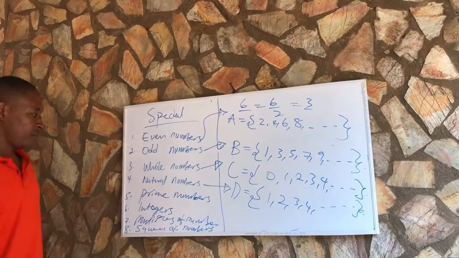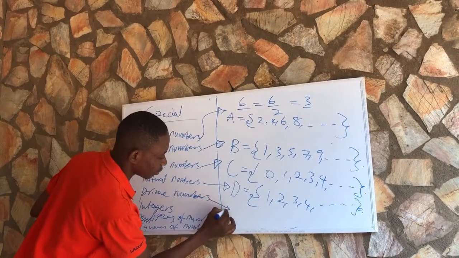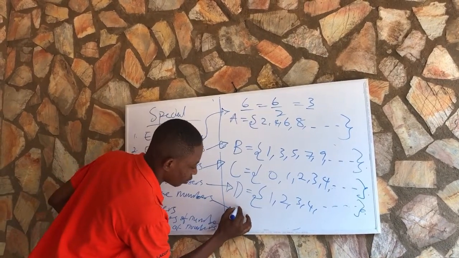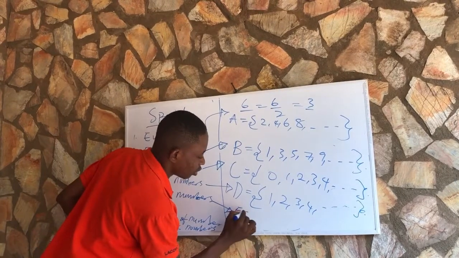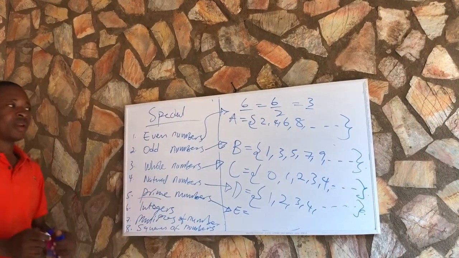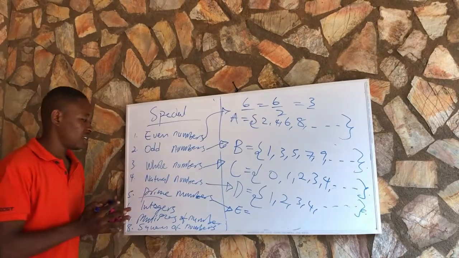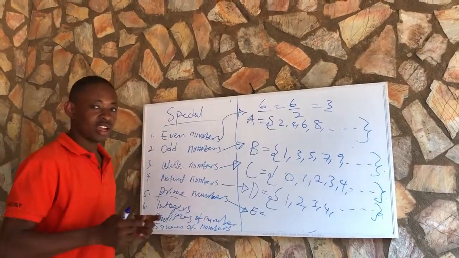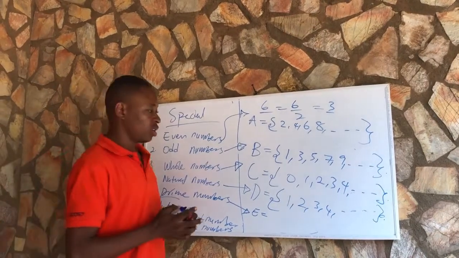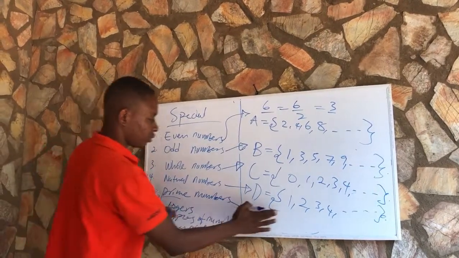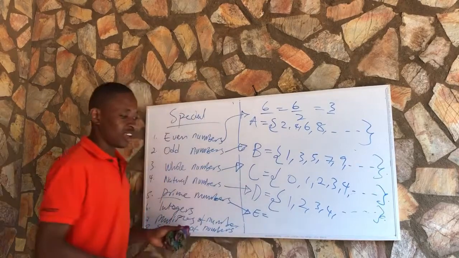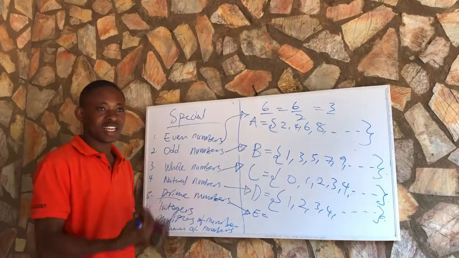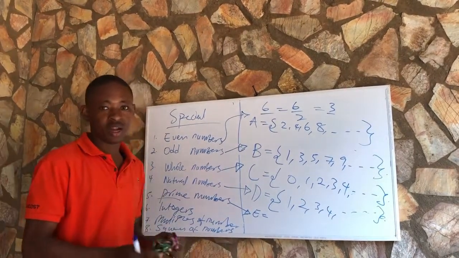Then we have prime numbers. When we talk of prime numbers, they are numbers that have just one factor, the number itself and 1. If we say factor, it means the numbers that can divide it and give you a whole number.